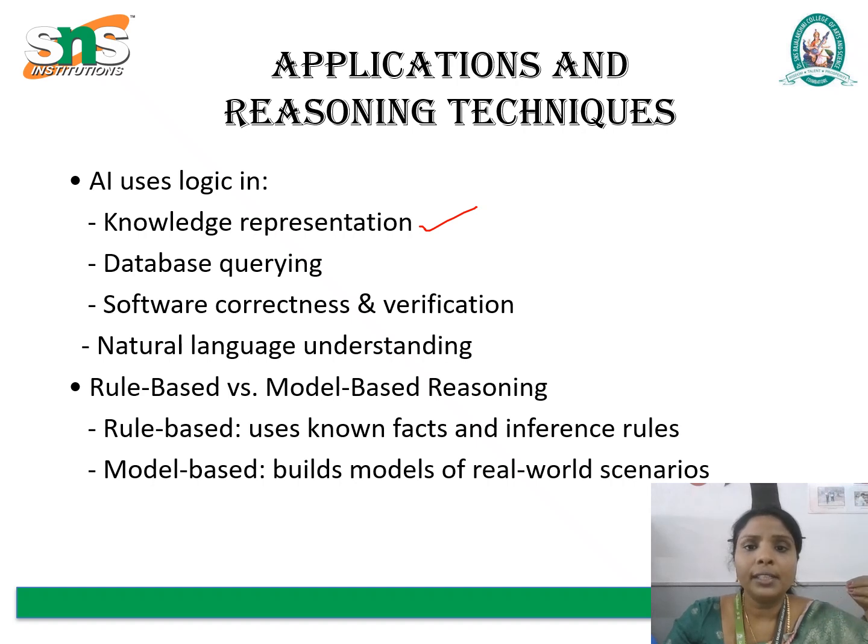Next is software correctness and verification, where logic ensures that software programs behave as expected and do not contain errors. Additionally, logic plays a crucial role in natural language understanding.